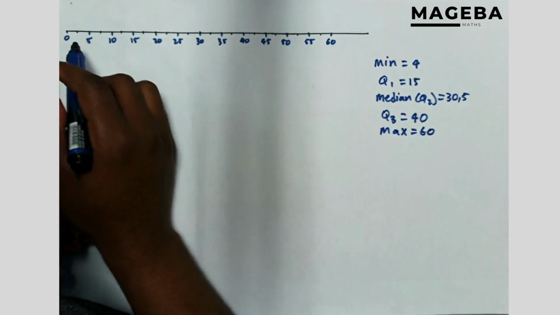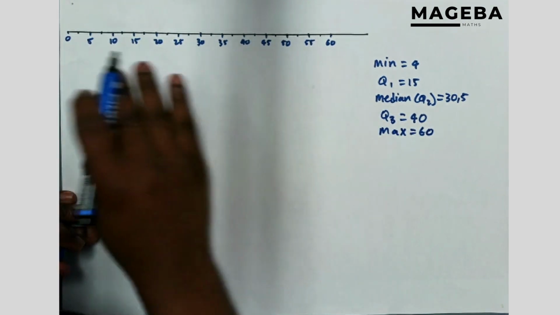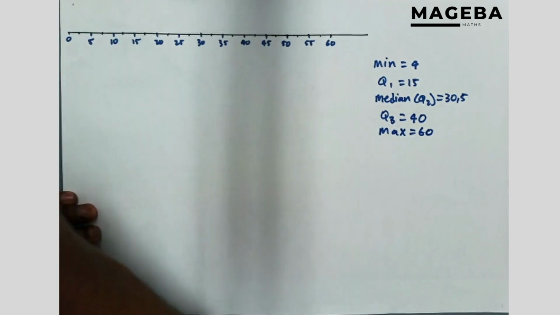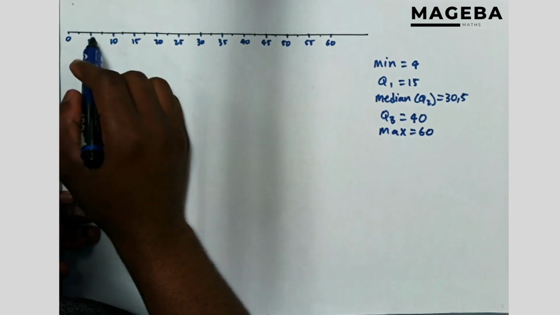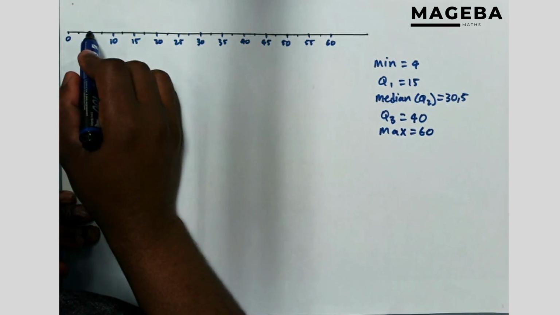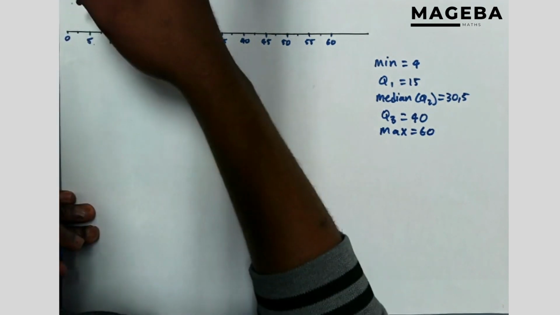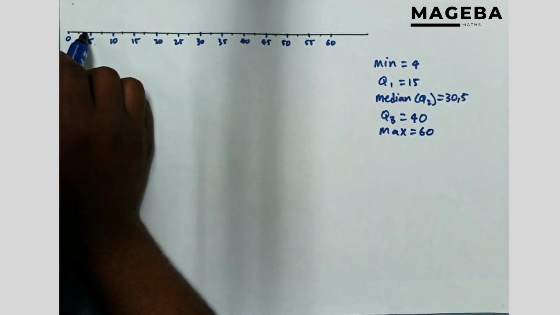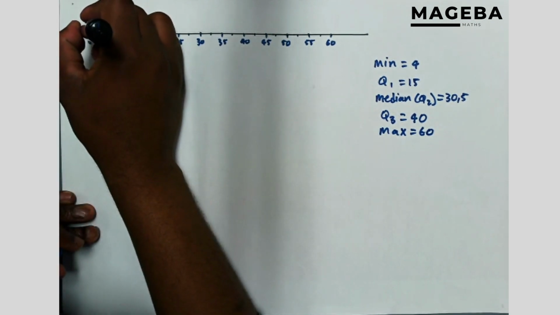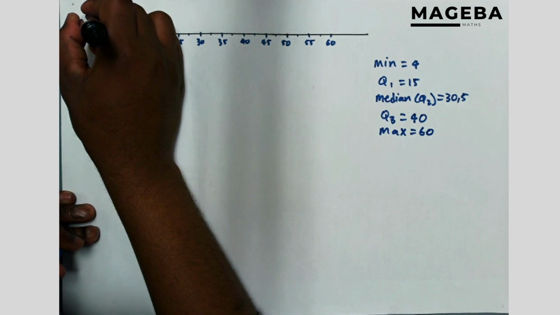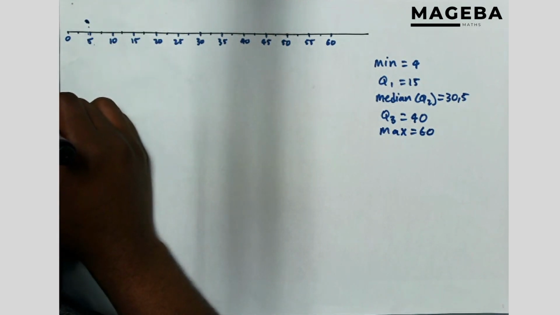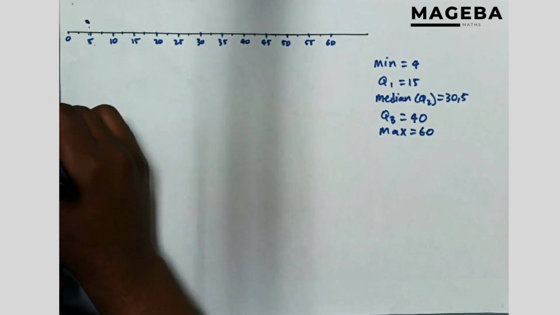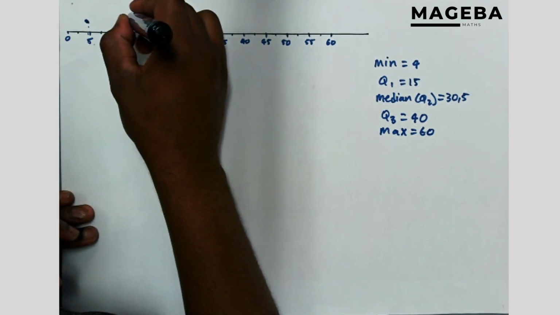Now let's draw our box and whisker. I've tried to draw my number line to scale. So now we have 5 here from 0 to 5, and 4 is just next to the 5. Then 15, my Q1, is just here.